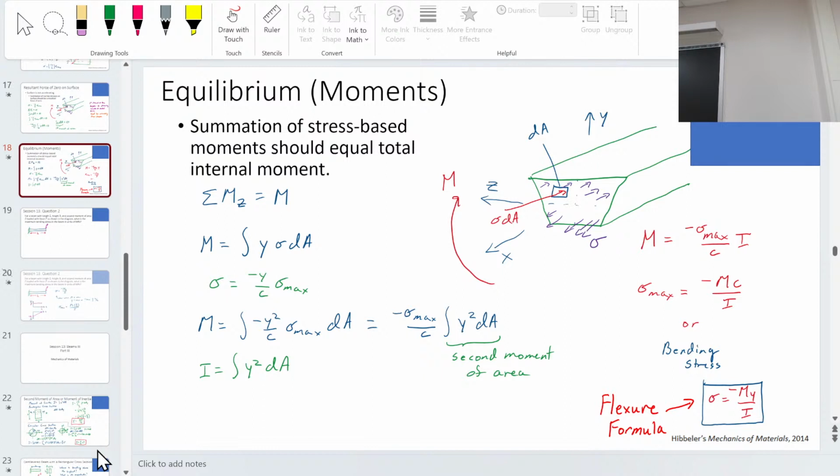There's no R here and no M here, so you can figure out exactly what the internal V and internal M are just from that. So take a cut moving in from the right-hand side, and then do this. That's correct.